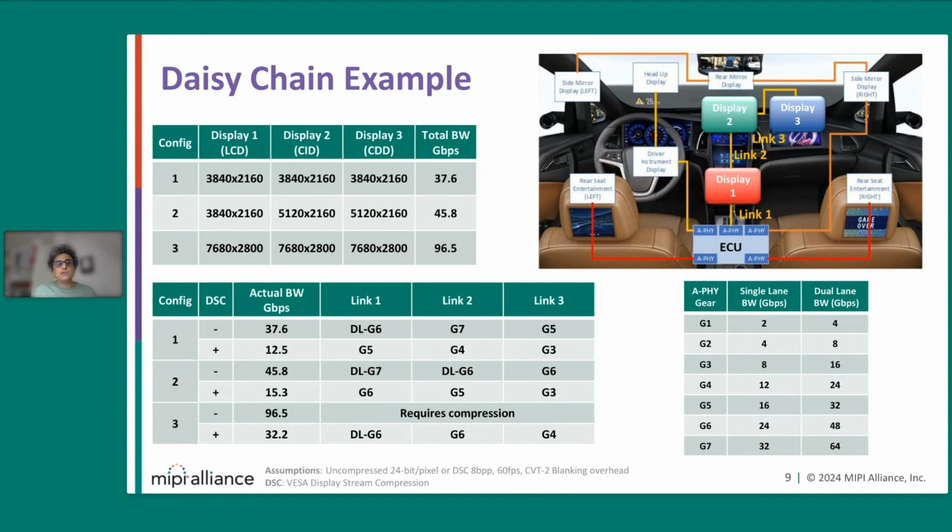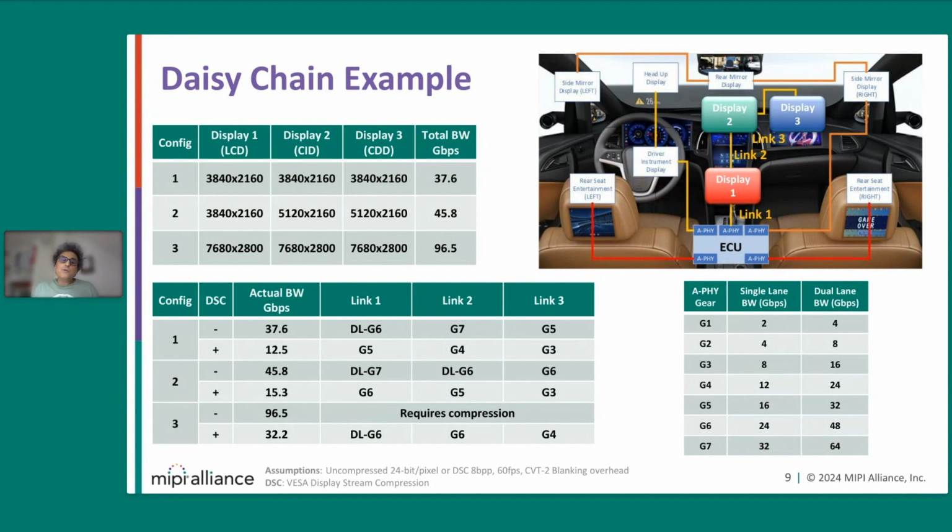Here we have in this simple configuration 37 gig, and we go up to almost 100 gig when we have this very large display. And this is clearly getting very difficult, how to transport such a huge bandwidth.